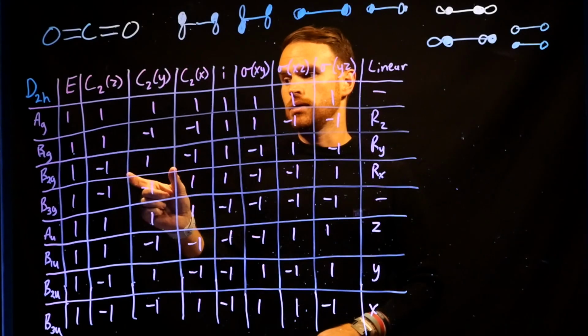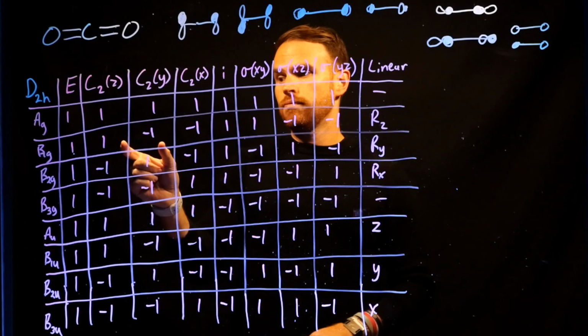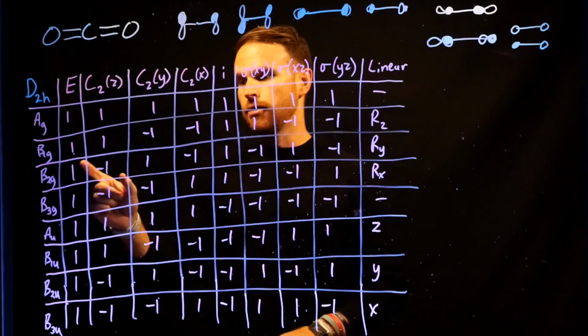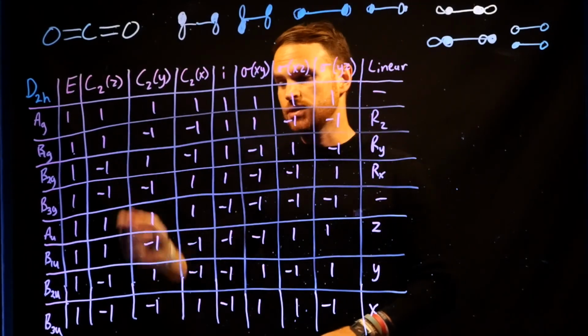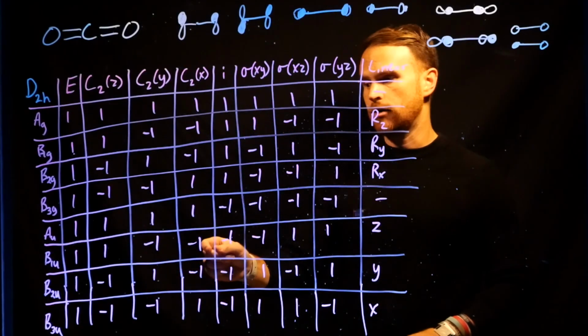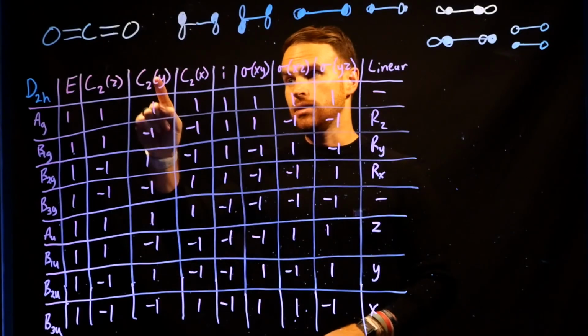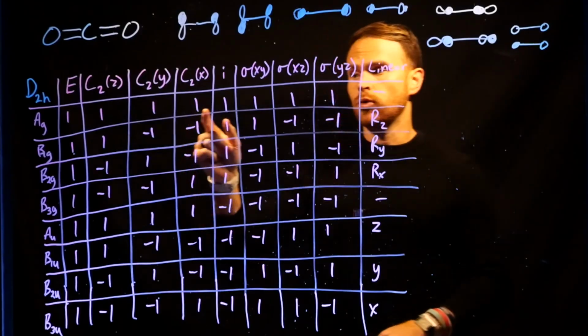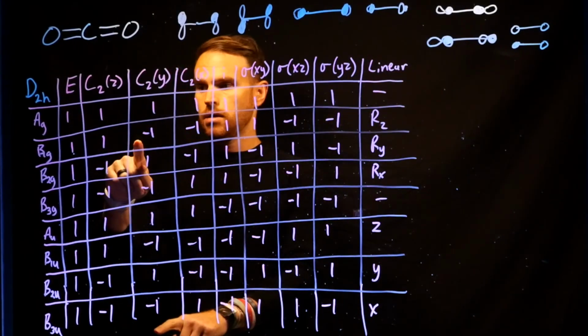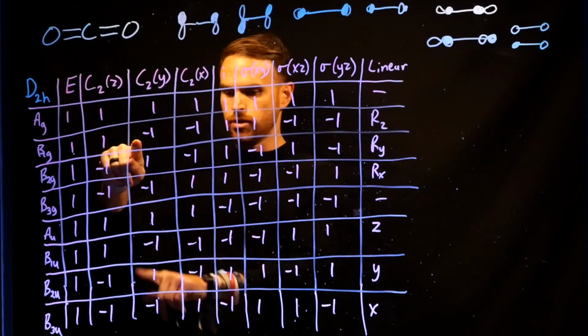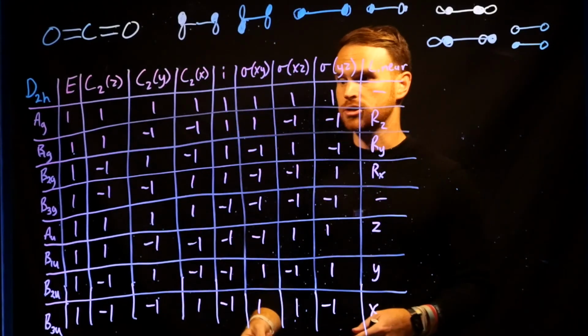So I have a negative value for the C2, and I also have a negative value for the C2 in the y direction. That basically leaves only 4 options with which this can possibly be.